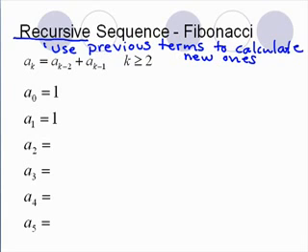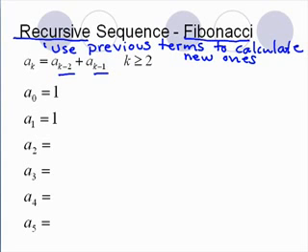You can see that here by looking at a sub k equals a sub k minus 2 plus a sub k minus 1. We're going to explore the recursive sequence using probably one of the most famous sequences. I'm sure you've heard of it, the Fibonacci sequence.